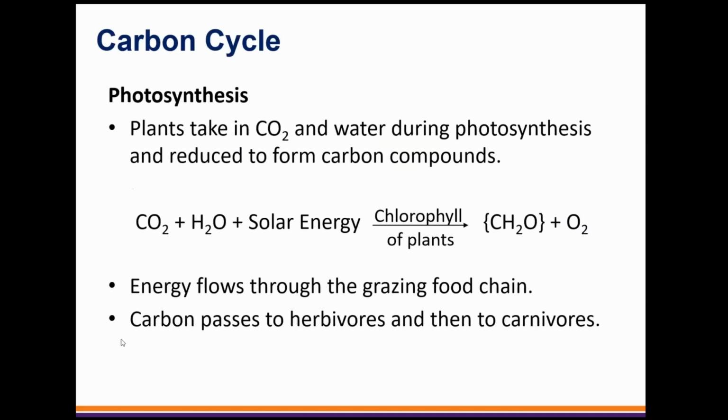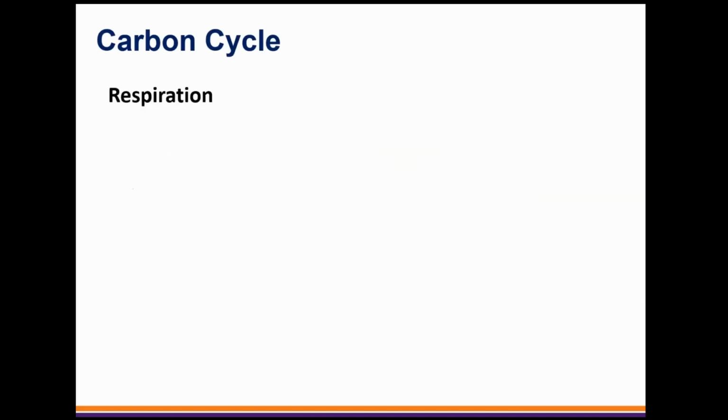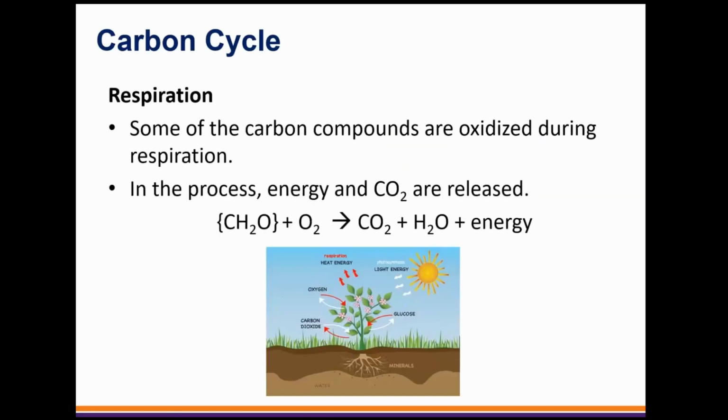You see that whatever carbon we have in our body is not being created, but is a cycle through the life system. And then the next process, which is the opposite of photosynthesis, is respiration. Here, what happens is that the plants break down the carbon dioxide to produce oxygen.